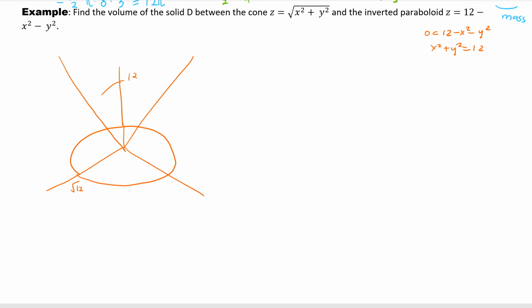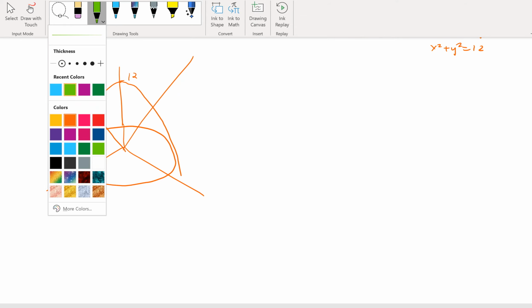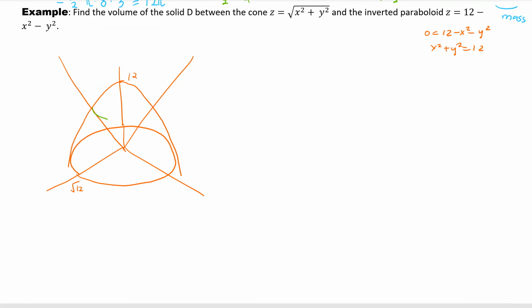And then a paraboloid looks like that. Can you see it intersects the cone and we get a circle? Let's project this circle down. So if we project this circle down, we get this circle. And what's the radius of this circle? Let's solve the system.